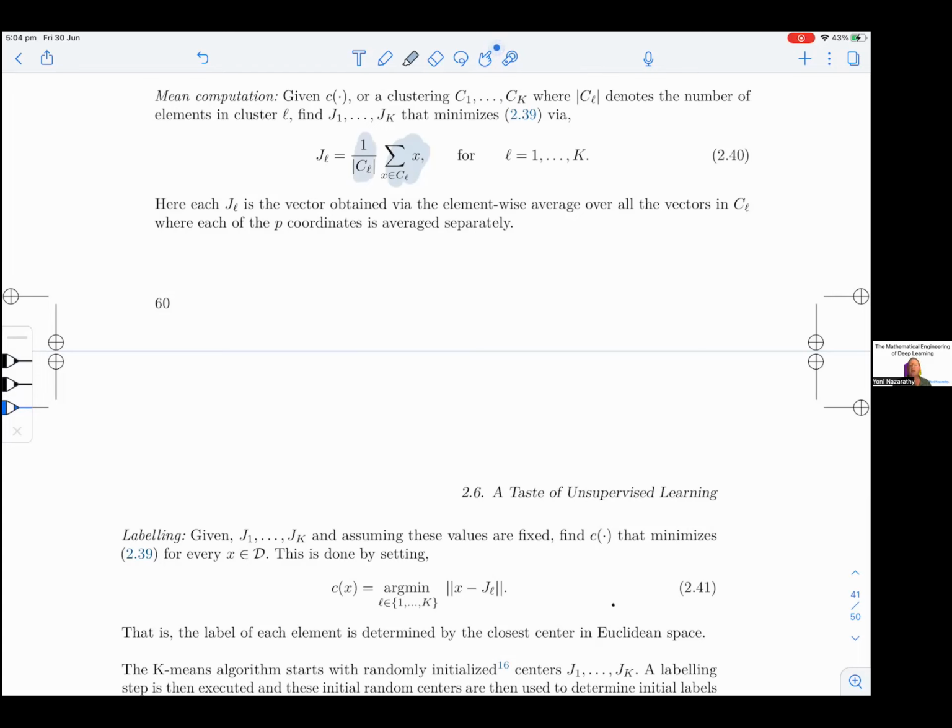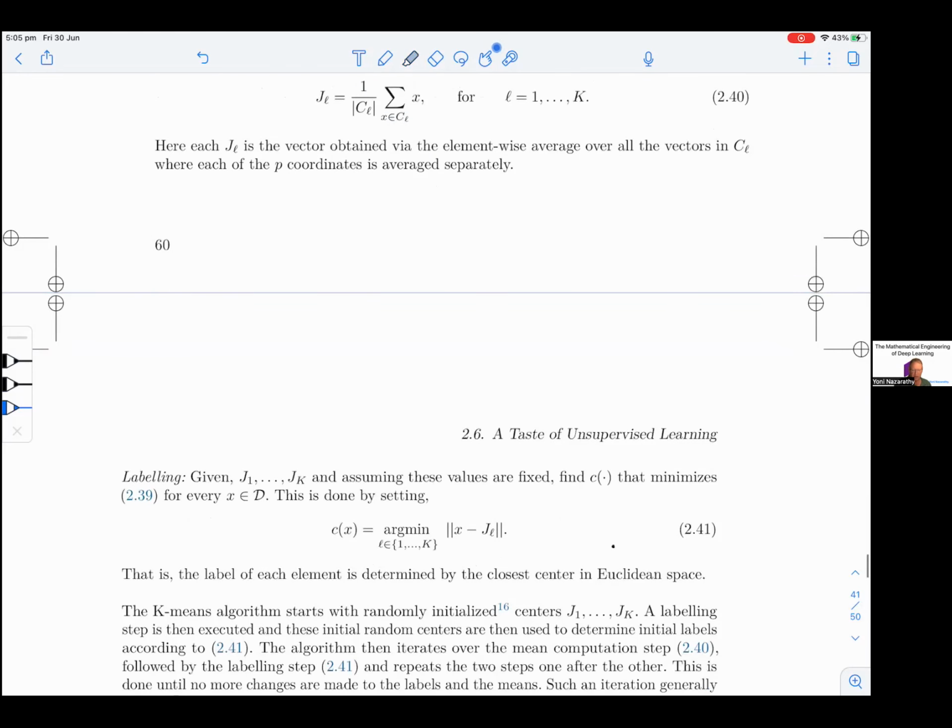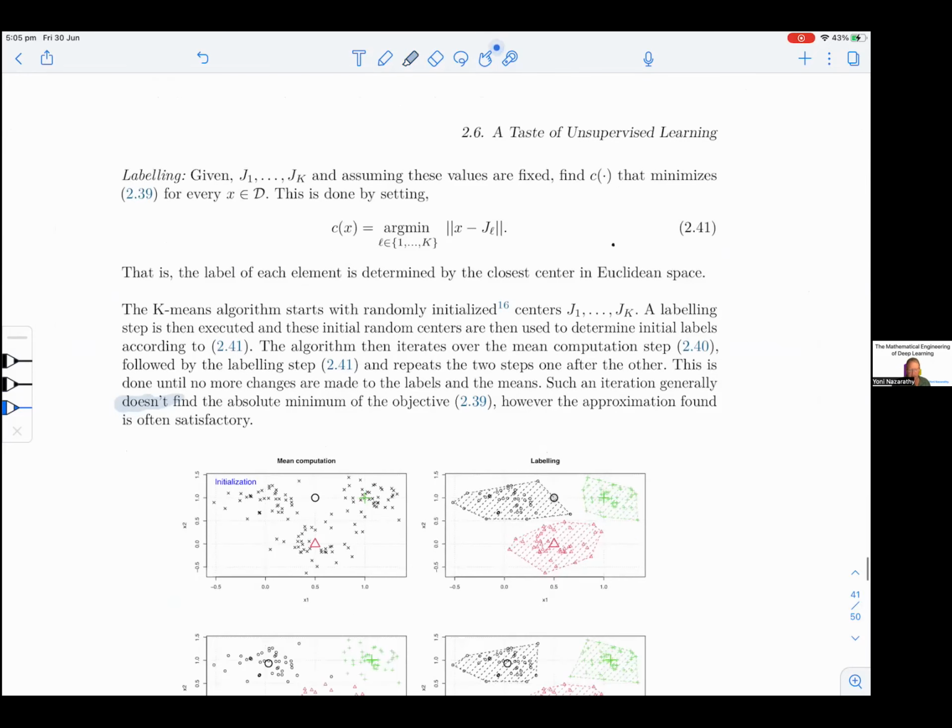So you're doing a per-coordinate average. And you do this for all clusters, and then you've got your centers, J1 through Jk. Here, each JL is a vector obtained via the element-wise average over all the vectors in CL, where each of the p coordinates is averaged separately. That's called mean computation.